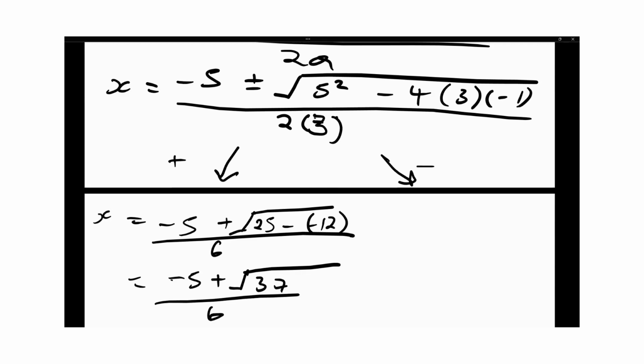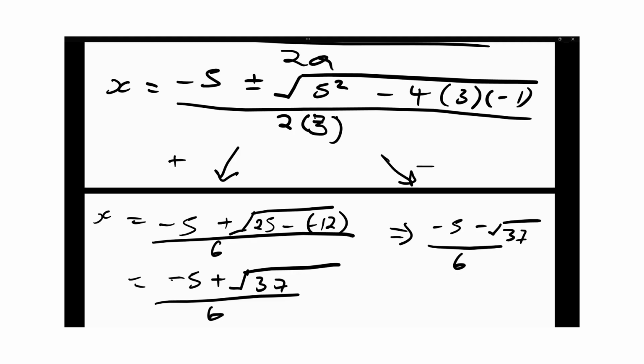Then the same thing with the minus. We will end up with -5 minus, instead of the plus, it's a minus now, root 37 over 6.